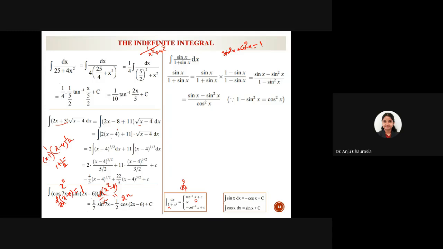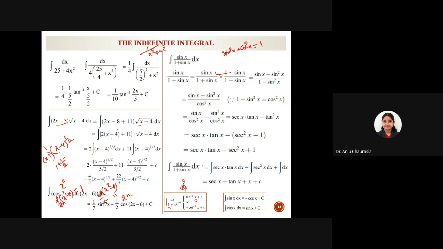This is the rationalization method that we have used most of the time in limits and differentiation. So opposite sign multiplication, that is 1 minus sine square x, and sine x minus sine square x, you are getting upside.